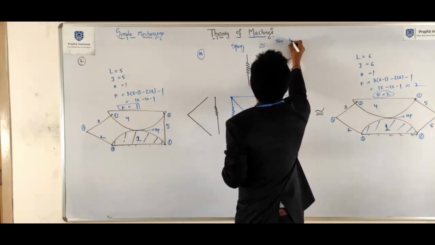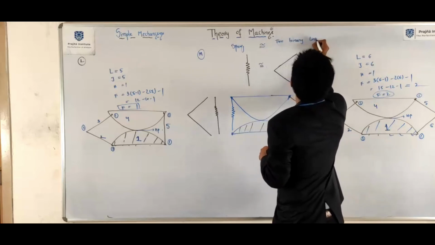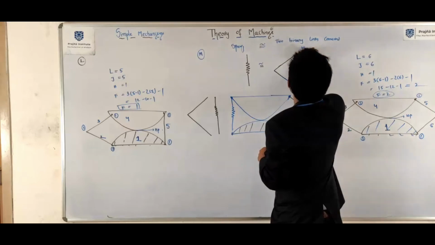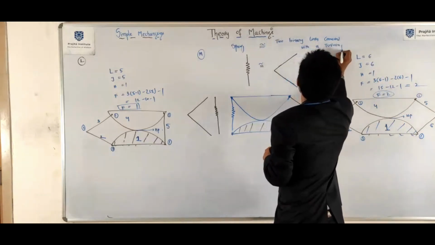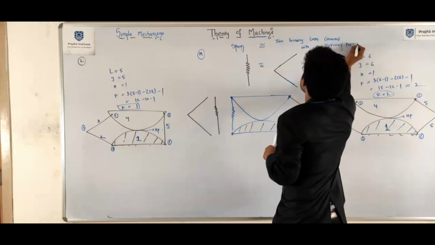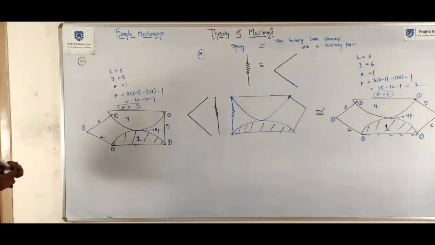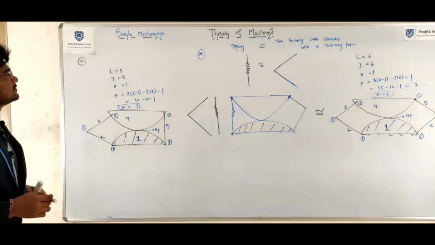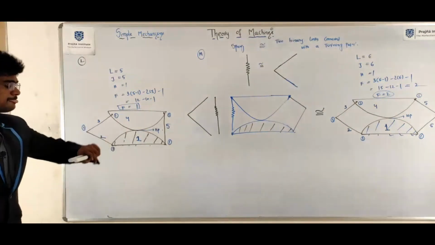Two binary links connected with a turning pair. Again, this is nothing but LM. Completed?